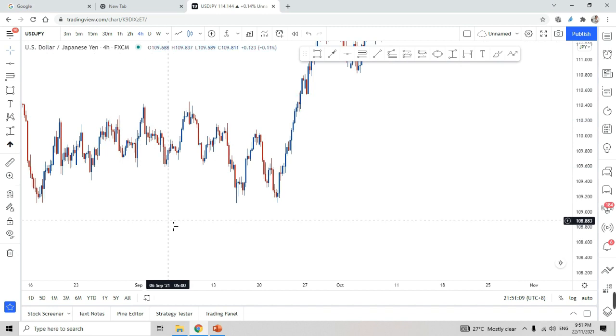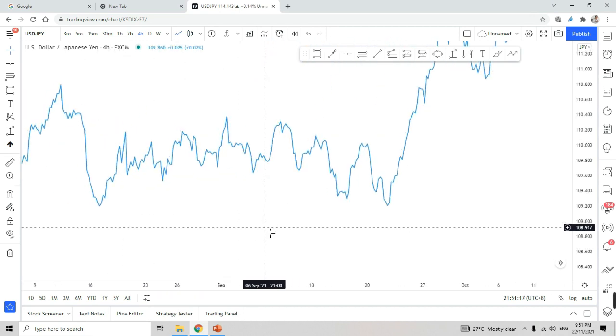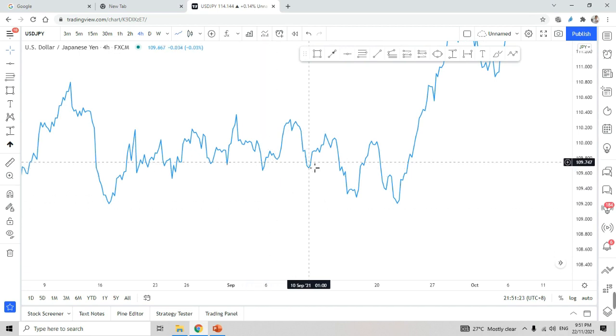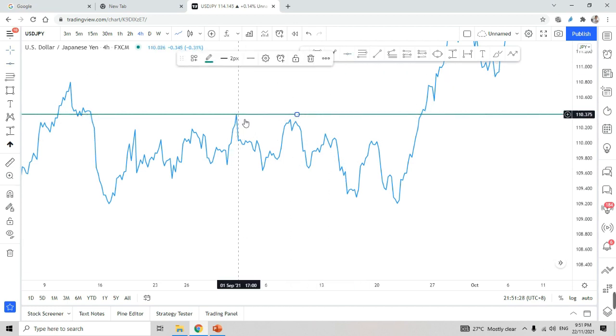Of course, as I told you before, the most basic method is to switch to the line chart. When you switch to the line chart, what are you looking for? You're looking for a very, very sharp V or A shape. For example, over here, can you see a very sharp V or A? Just put a line there first.